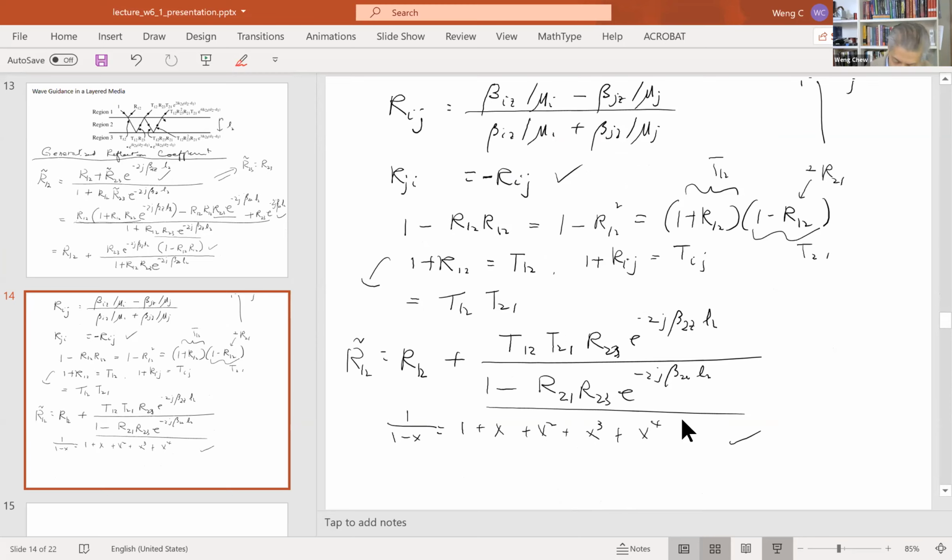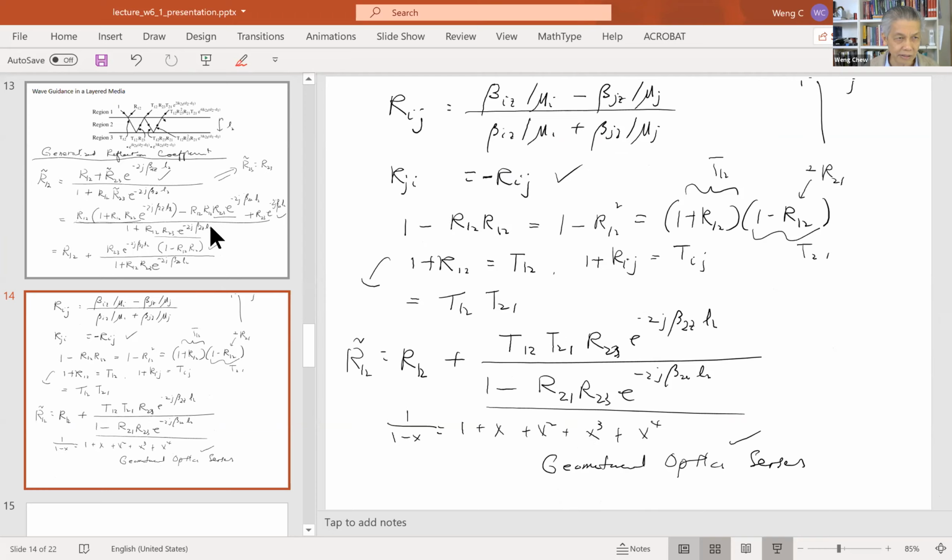This is called the ray picture or geometrical optics series. This formula does have a lot of physics in it. It looks very complicated, but if you tease out the physics, it actually has a very nice ray picture interpretation.